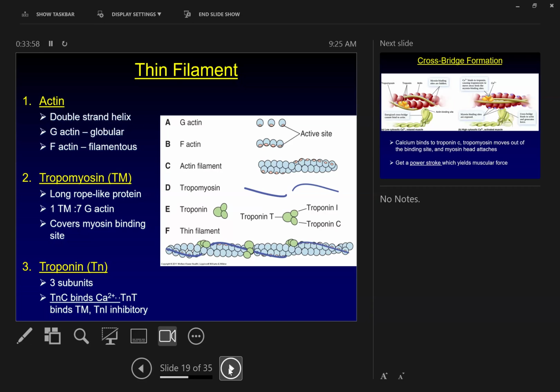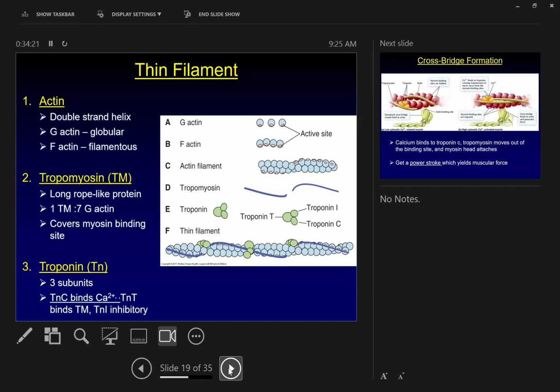Tropomyosin is this rope-like structure that lays on the actin molecule, and in its normal state, at rest, it covers up the binding site between actin and myosin. It's the plug that we put in the wall that covers up the outlet.